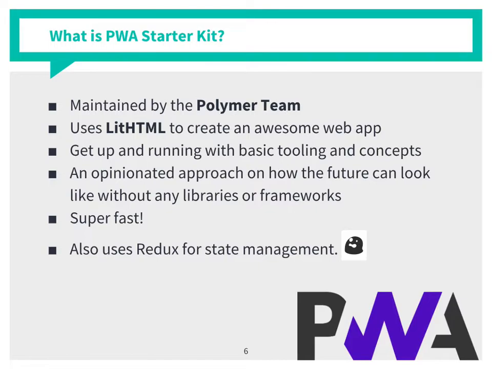Sorry, that was lit element. lit HTML is actually a templating library that essentially takes a string, and you can interpolate your variables into it, and it renders super fast using virtual DOM. It's so fast that it's faster than React. It knows exactly what is changing in that string and will just update that in the DOM, literally that text. So it's super fast, and you can effectively get up and running within minutes.